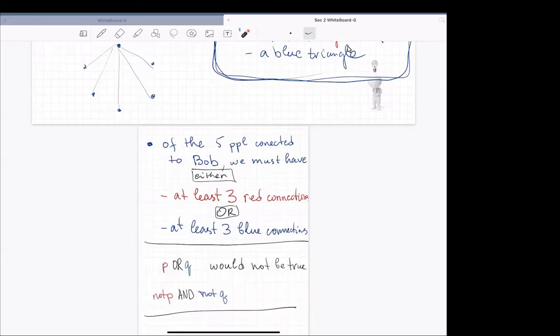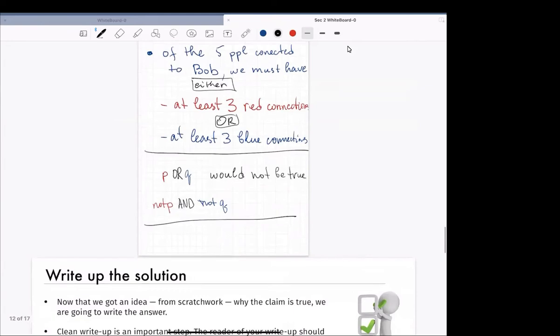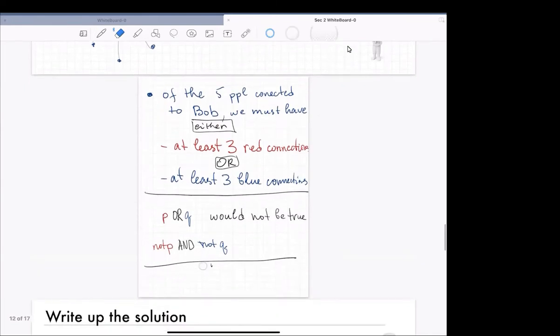That I would have fewer than 3 red, so this is not P. There are going to be fewer than 3 red connections and fewer than 3 blue, this is not Q, right?